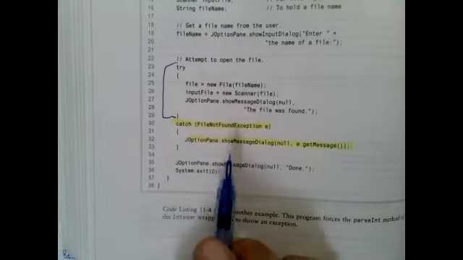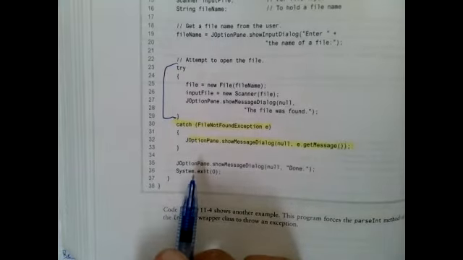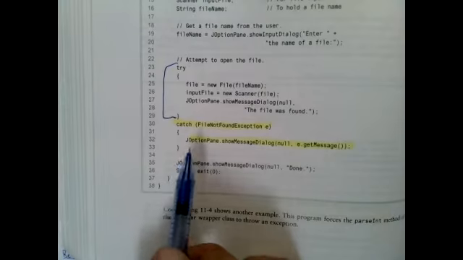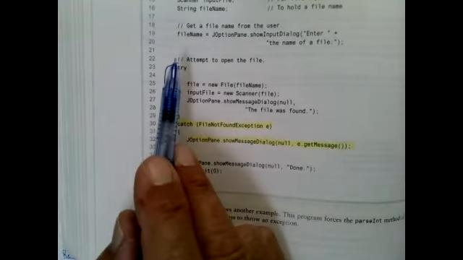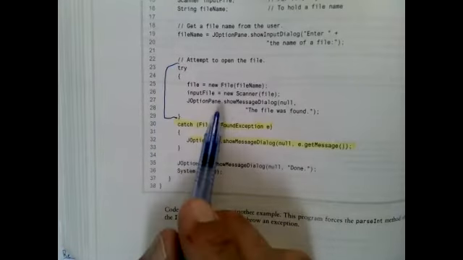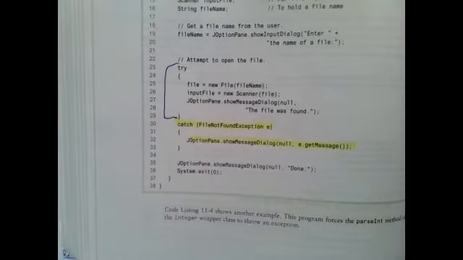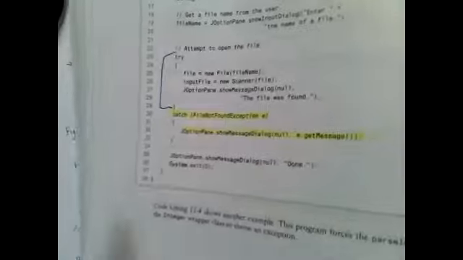Not only that, but since it doesn't crash, I may possibly inside of my catch block say, hey, do it again and push us back up to the try block so that I stay in it and ask for a new file name. Something along those lines.